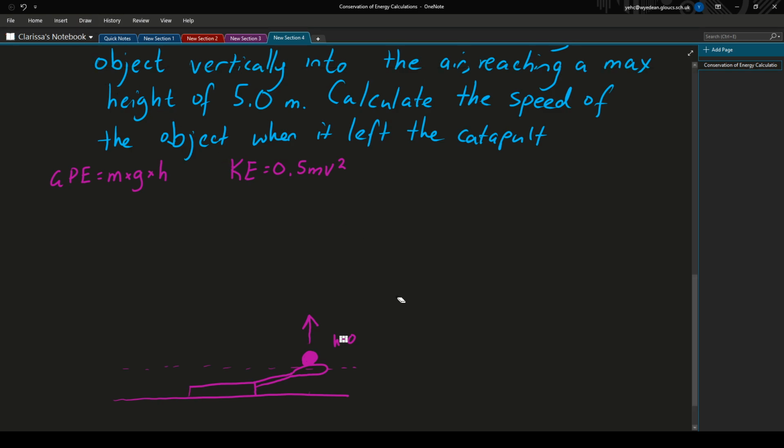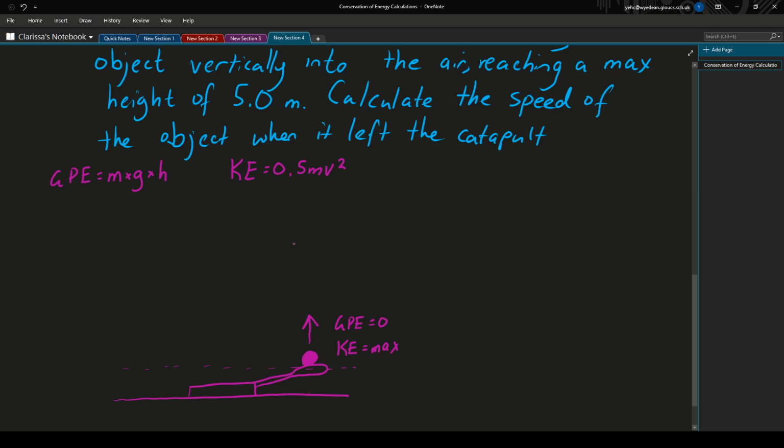Hold on, let me just rub this out. So at the very start, its gravitational potential energy is 0, but at the very start as well, its kinetic energy would be its maximum amount, because it starts off with an initial high speed due to the catapult, and then gradually, as it goes up and up, it loses speed as it travels up in the air, right?